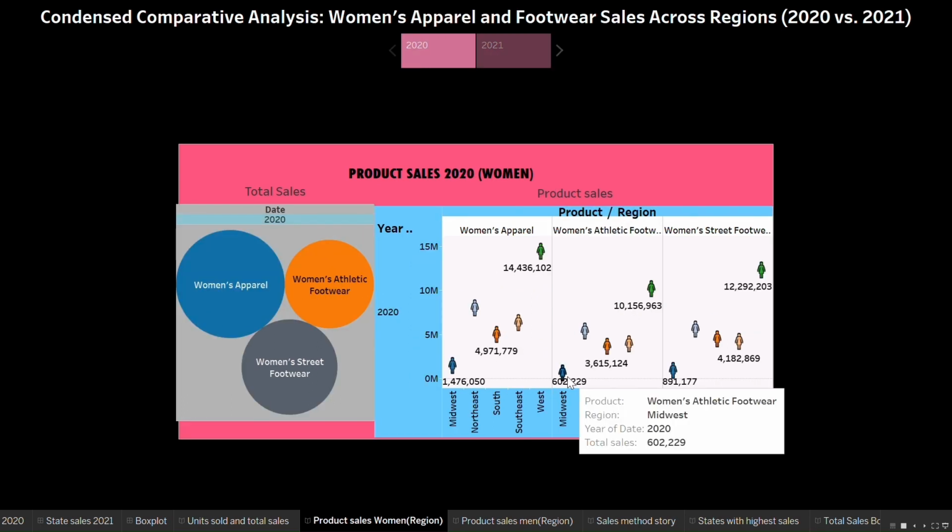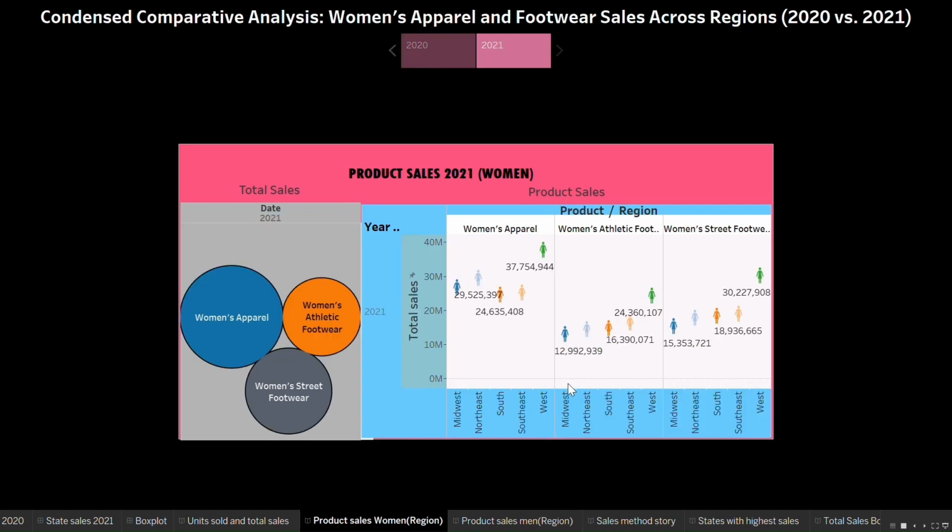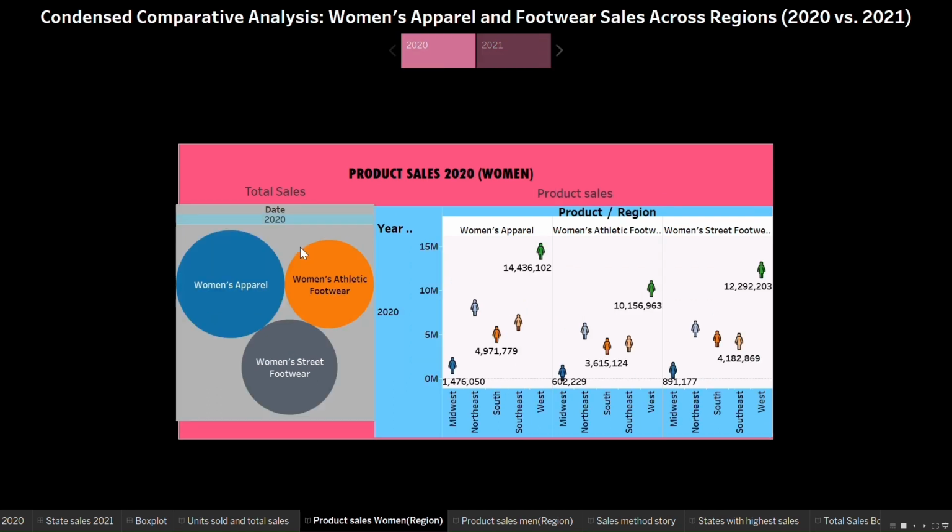We had 602,000 in sales in the West, and then it went to 12 million. That's another huge increase. So we can see that across all these products, comparing 2020 and 2021, there was a significant increase in sales.